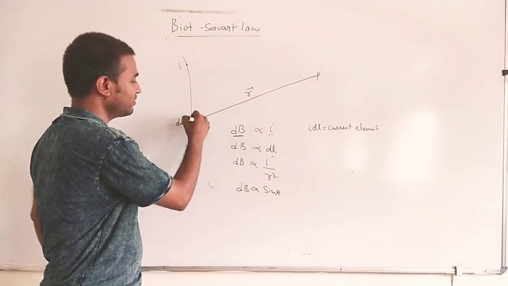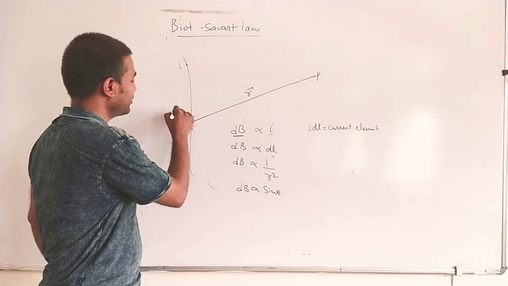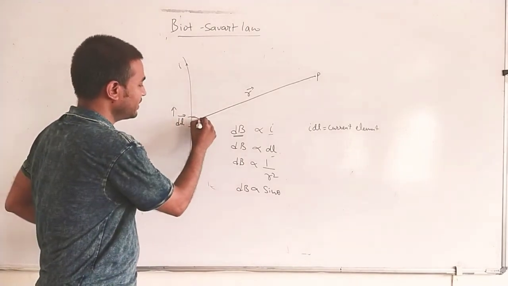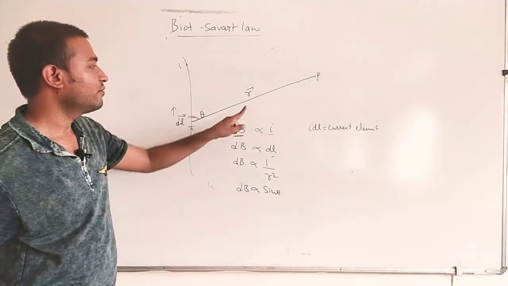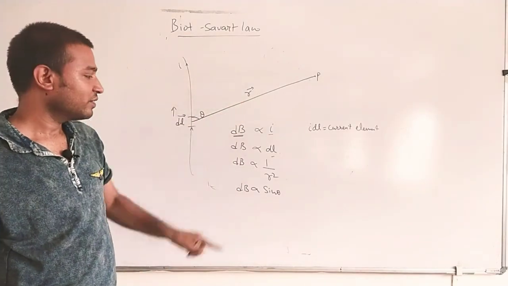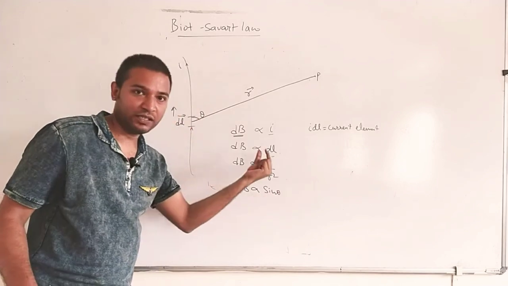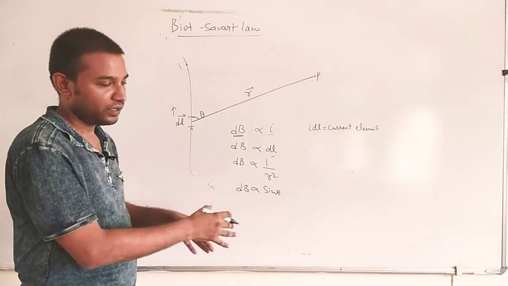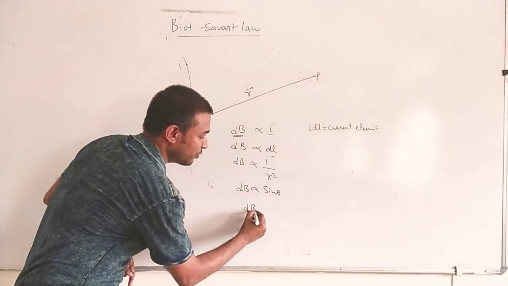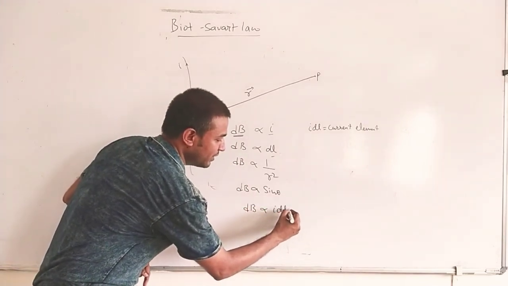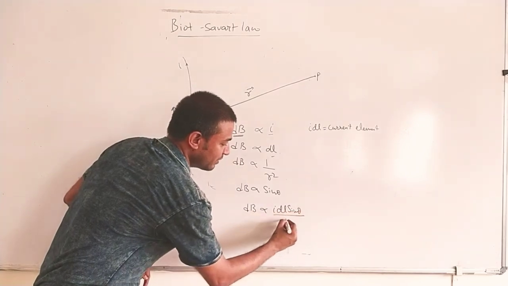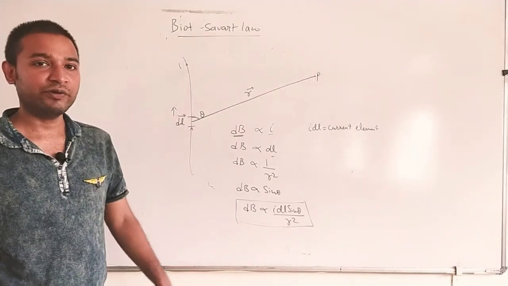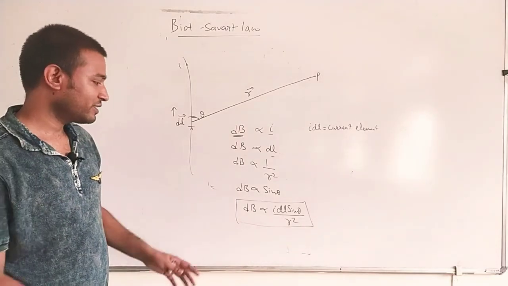This dl is a vector quantity and its direction is upward, and it makes some angle theta with the r vector. So altogether we can write dB is proportional to I dl sine theta divided by r square. This is known as Biot-Savart law, but we can extend the expression.